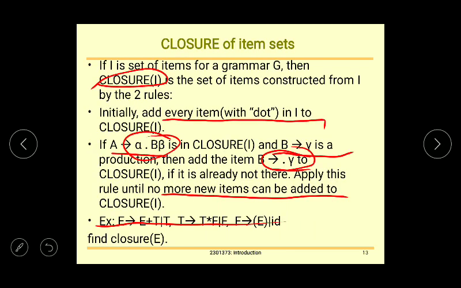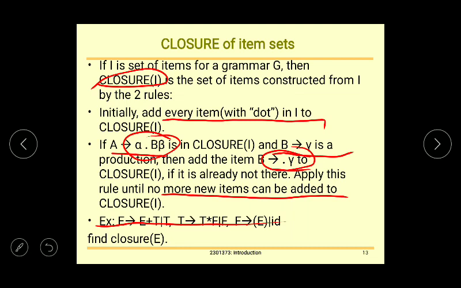Now, suppose there are two productions from the start symbol like this, E plus T or T. So the parser will get confused about when to reduce the right hand side production by start symbol E. That is, whether T must be reduced to E or whether E plus T must be reduced to E. To avoid this confusion, if we have two productions from the start symbol, we will construct an augmented grammar.